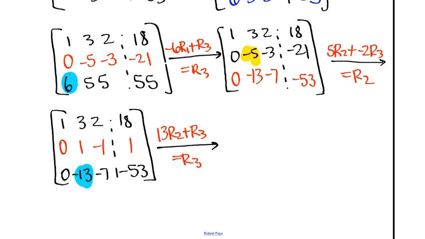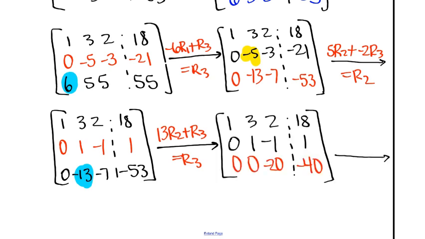So to get that to be a 0, we're going to go ahead and multiply row 2 by 13, add it to the third row, and then that guy will be a 0. So when we do that, we get 0, 0, -20, -40. Now, last but not least, we want that -20 to be a 1.